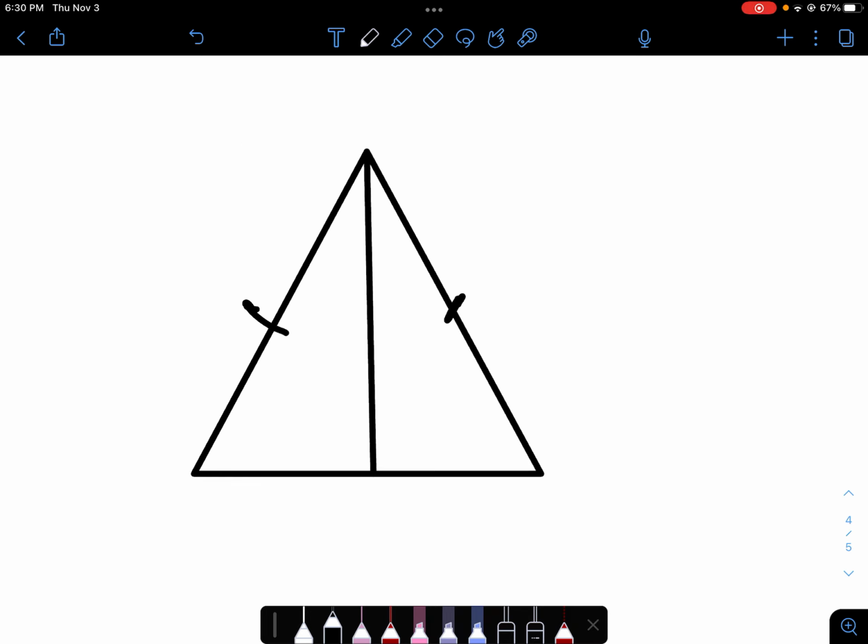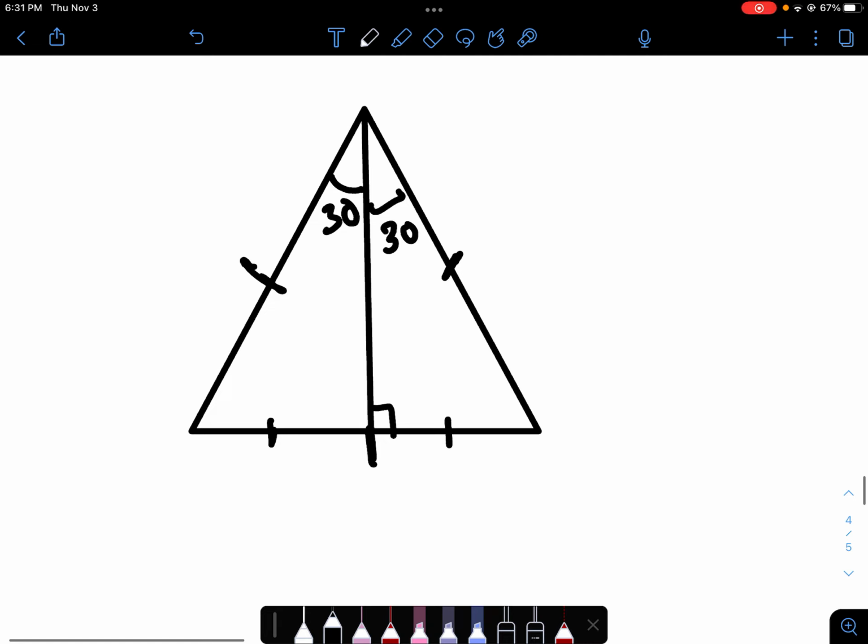So this is an equilateral triangle, and that means all angles are 60. If we draw the line down the middle, we have our right triangle, and this equals 30. Why? It's because 60 divided by 2 is 30.